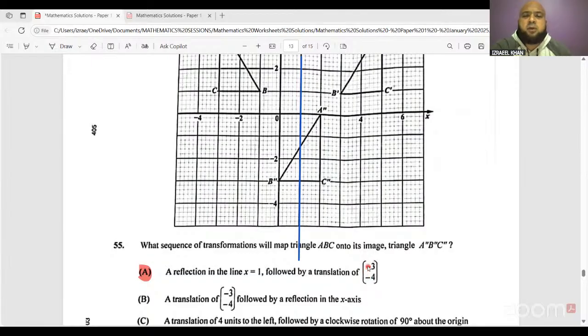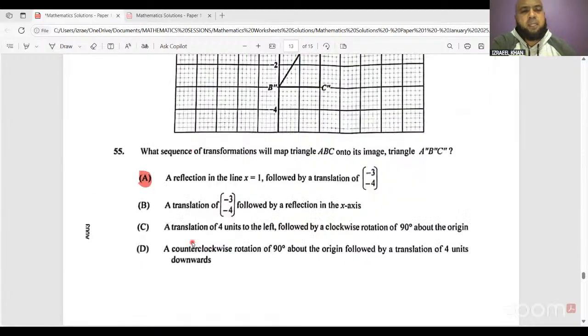Obviously, the -3 will be on top because the x value, or your horizontal value, goes on top while your y value goes below. So it's a reflection along the line x equals 1, which is this. And when you get this, you shift it down by 4 blocks and then 3 blocks to your left. That's -3 and -4. Again, the horizontal shift will go on top, the vertical shift below. X on top, Y movement below. So that is A.